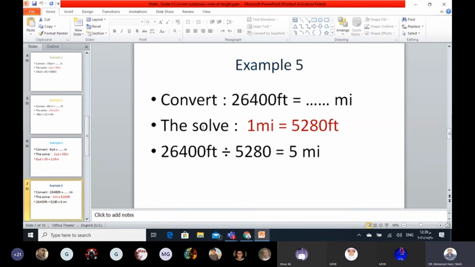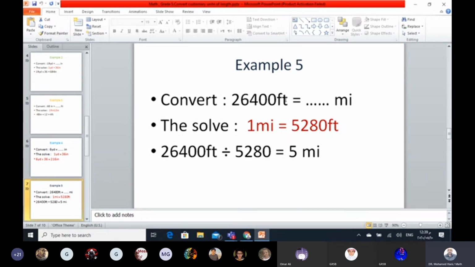Example 5. Convert 26,400 feet to the miles. What is the relationship between feet and miles? This is the rule. The rule said each 1 mile equals 5,280 feet.